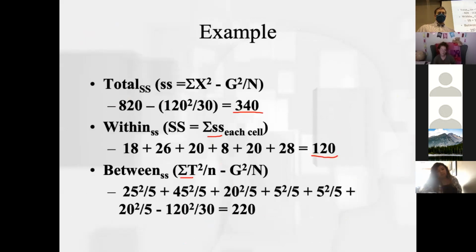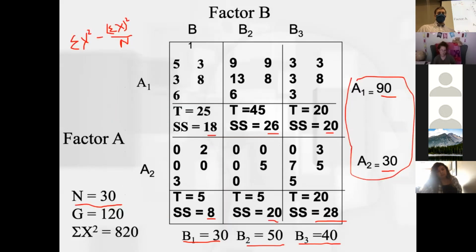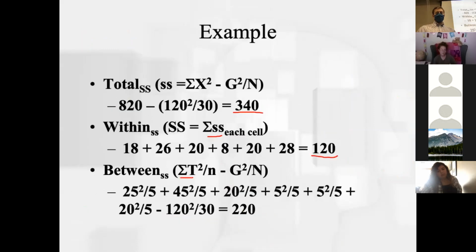The 25 squared divided by the number in this cell, or 5, plus total 2 is 45 squared divided by the number of observations in cell 2, which is 5, plus 20 squared divided by 5, plus 5 squared divided by 5, and so on. You're going to add all of those up. And then from there, you're subtracting that grand total, that G of 120 squared divided by 30. And so that gives us a between subjects sum of squares of 220.